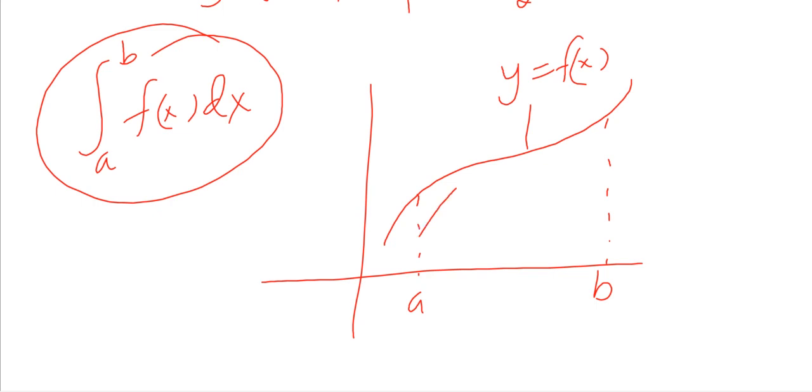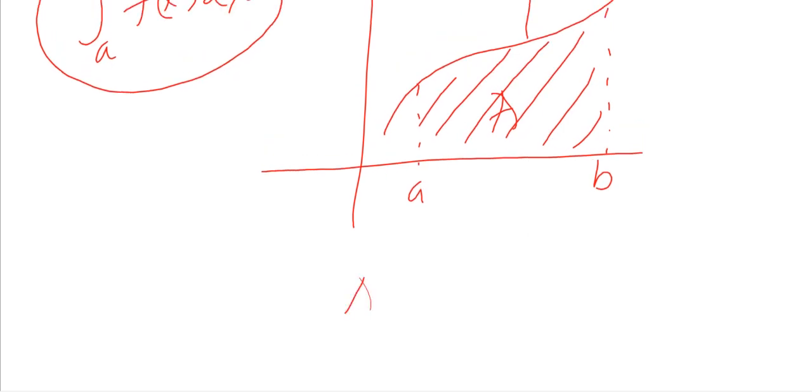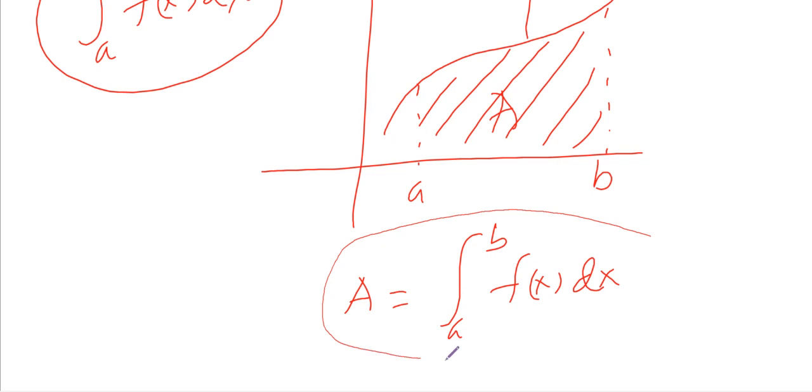We have this area under the curve, which we can call A, and the area of this region is obtained as the integral from a to b, f of x dx. So this integral is the area bounded by the curve, the x-axis, and the lines x equals a and x equals b.